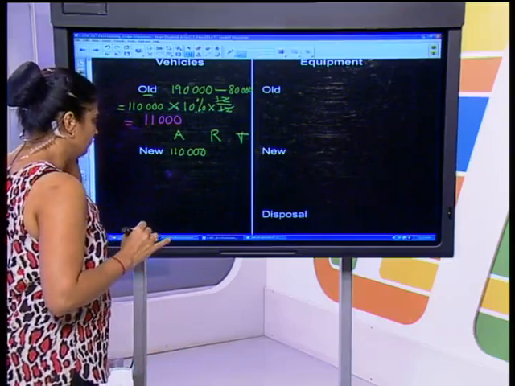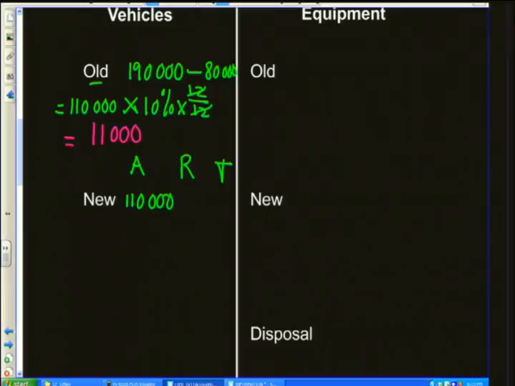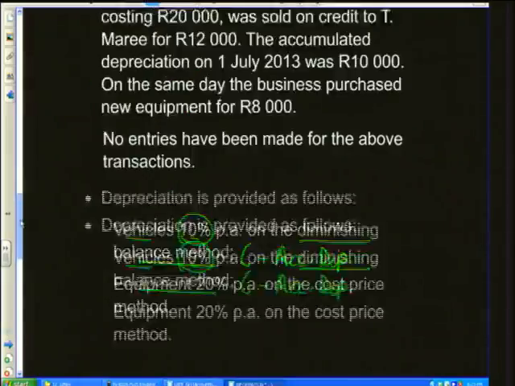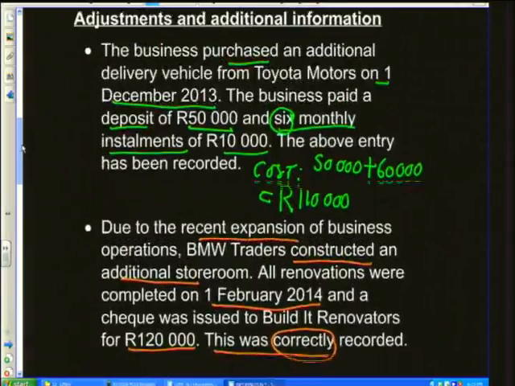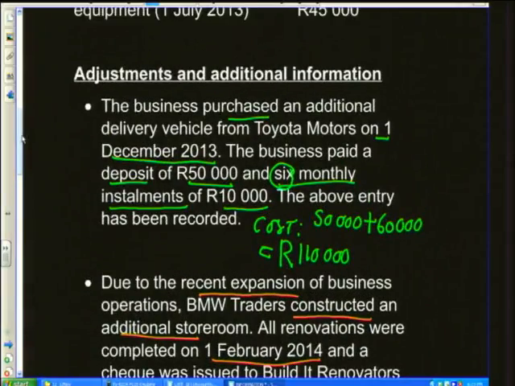Now let's look at the new vehicle. The new vehicle, remember, guys, there's no accumulated depreciation to actually subtract from the cost. So I'm going to stick with the amount of 110,000. I'm going to also multiply this by the rate, which is 10%. However, the time will be slightly different from the old. So let's go back to the actual transaction. Okay, so this new vehicle was purchased from Toyota Motors on the 1st of December 2013.